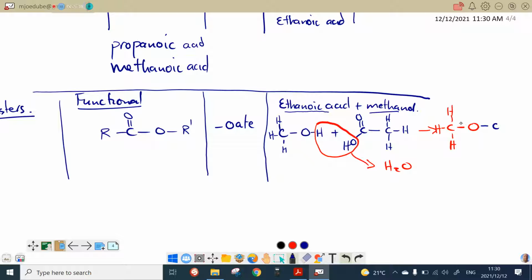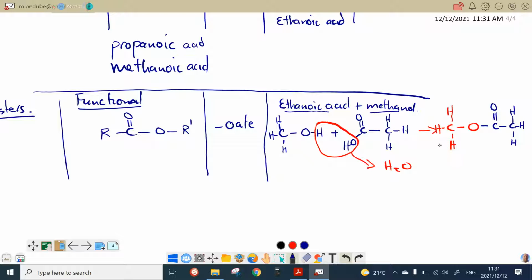So from the carboxylic acid you get that carbon and then the double bond and the rest of the alkyl chain that is there, right? So count the number of carbons. You've got the one from the alcohol, and then the two from the ethanoic acid, and this is where they combine. This is the ester link, right? That gives it the name.